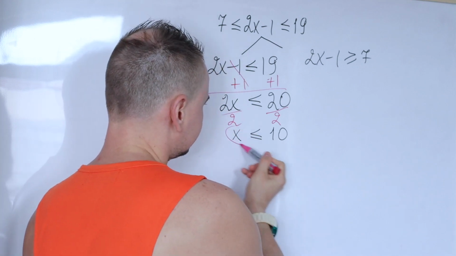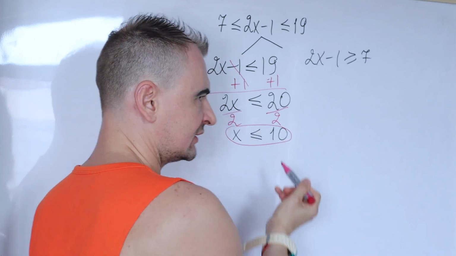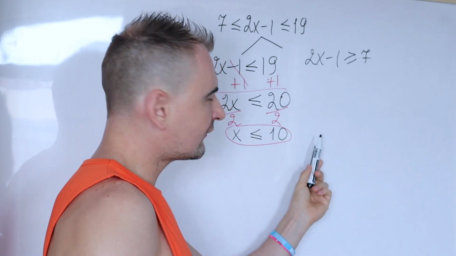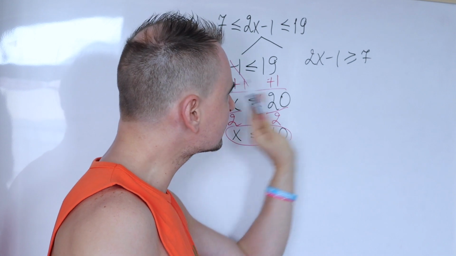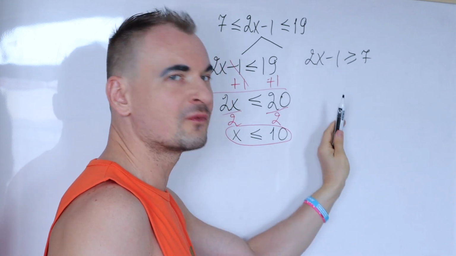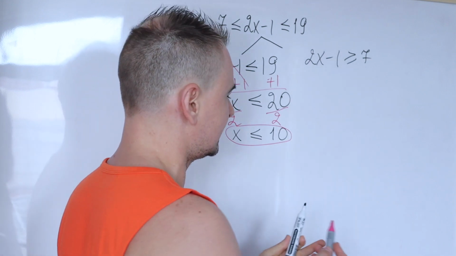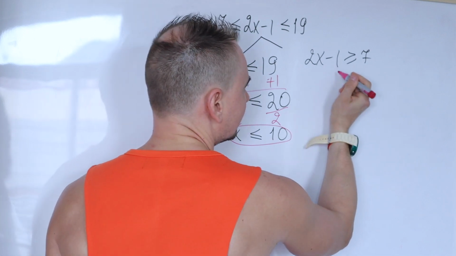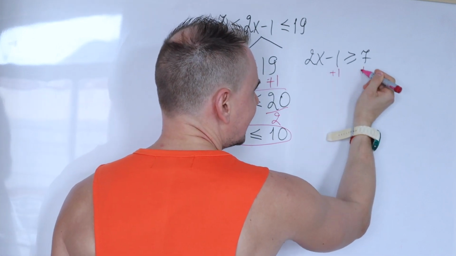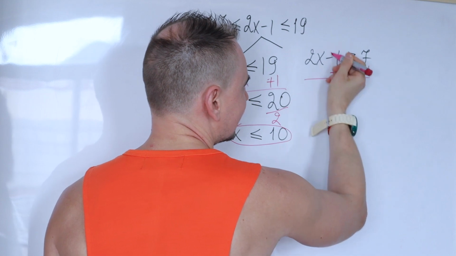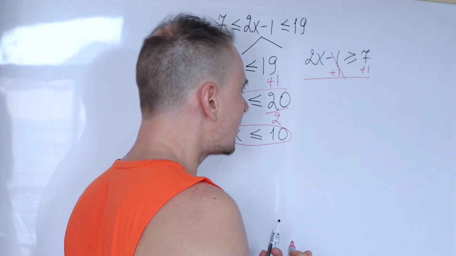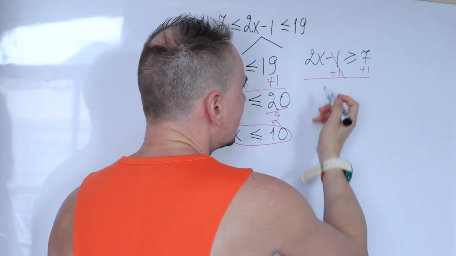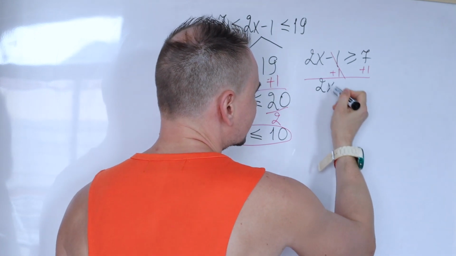Alright, I will just circle it at this point. We're not done yet. We have to solve the second linear inequality in the same way. So we want to add 1 to both sides of your inequality. Here 1 drops out, goes away, and you will be left with 2x.